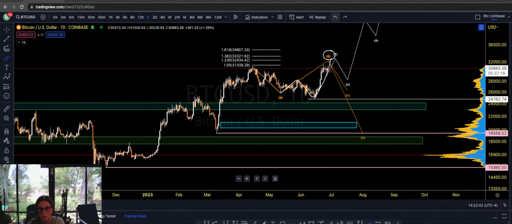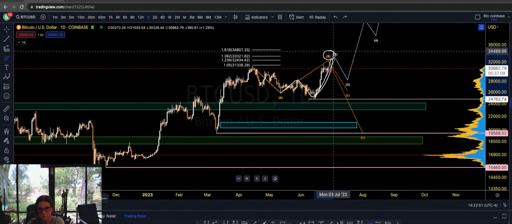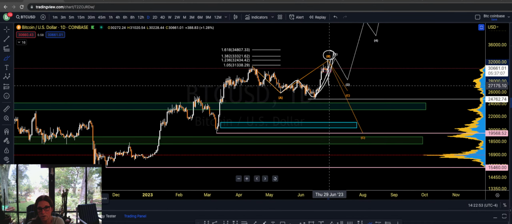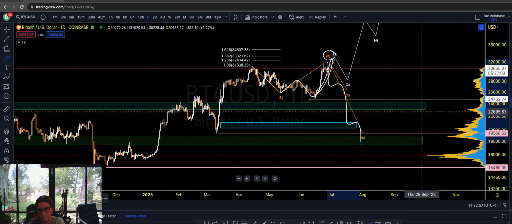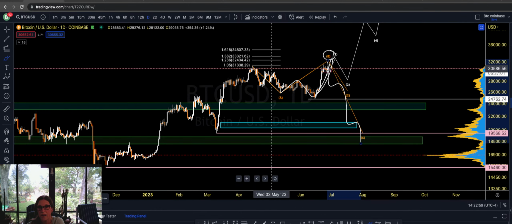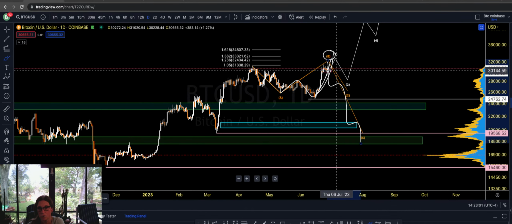Second option is that, and that's called a running flat. The only bearish option we have is that this is a B wave, this is the end of something, and the C is going to come deep as an expanded flat. Why is this bearish, even though it's a correction?